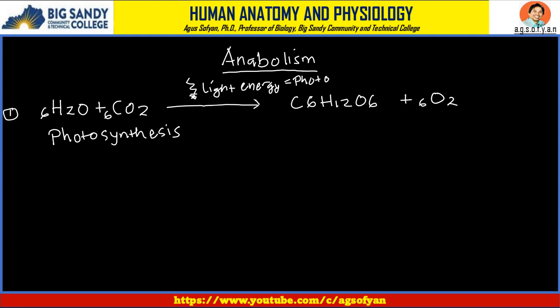Another example is reactions to make polymers, or bigger molecules, from smaller monomers. For example, we have glucose. Okay, so the symbol of glucose is like this, plus another glucose, plus another glucose.